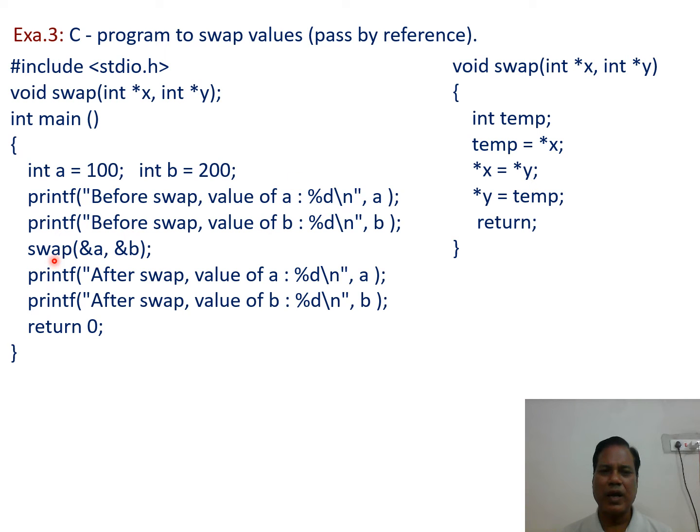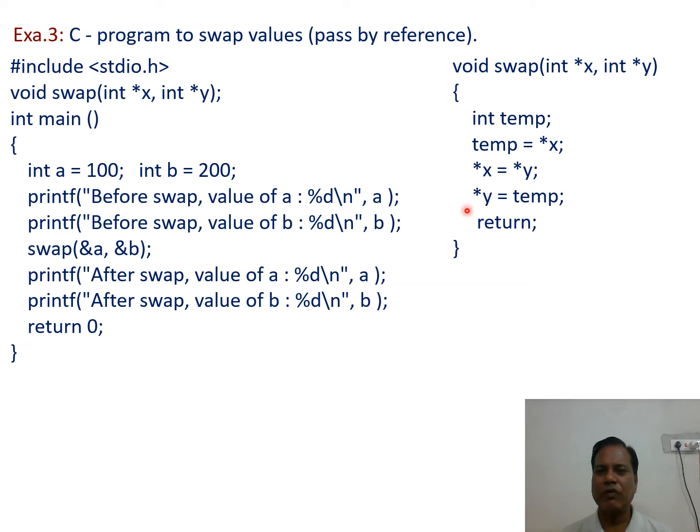So when the swap function is called, the actual address is passed to the swap function, and that is stored in the variables x and y. So x and y hold the address of the memory location where the data are stored, that is, where 100 and 200 are stored.